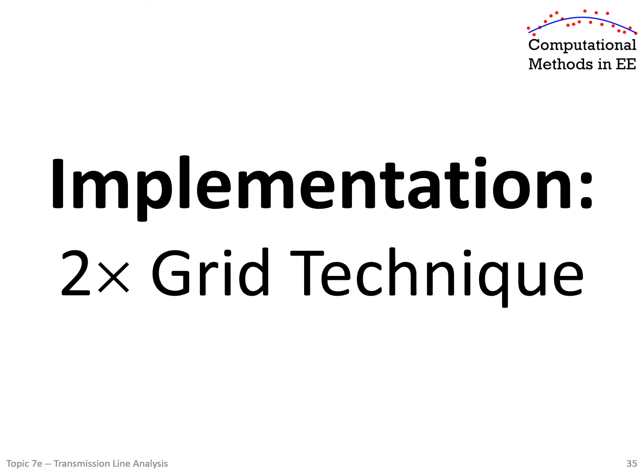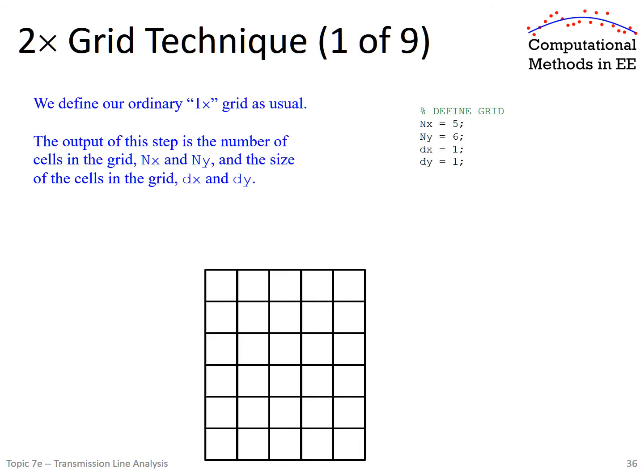Okay, now let's talk about this 2x grid technique. And this can be a little bit confusing. However, it's more confusing to try to sort out where the epsilon xx and epsilon yy go when you have curved geometries. So this simplifies that process. So here we go. We start off with our ordinary grid.